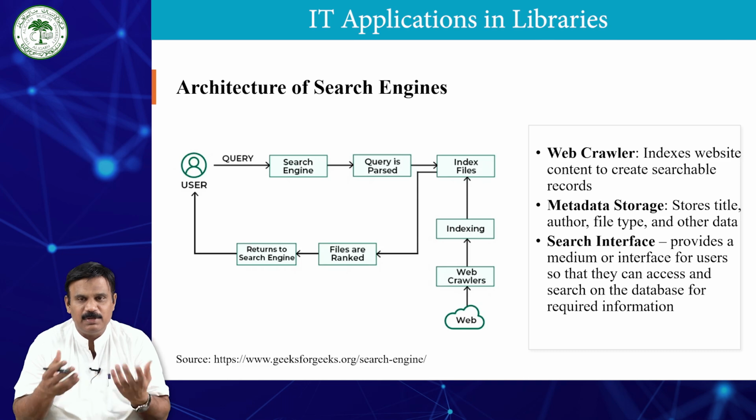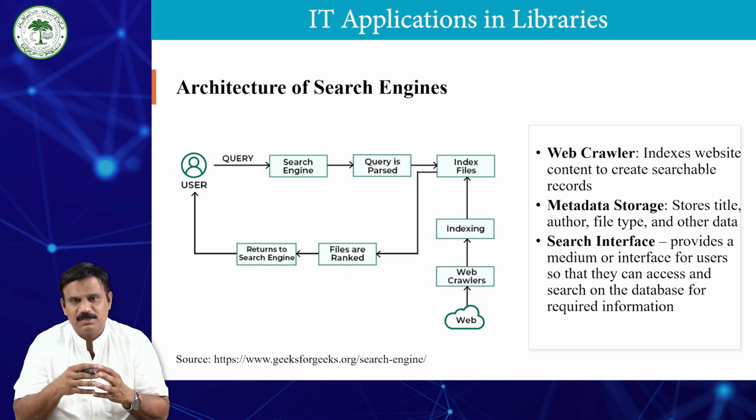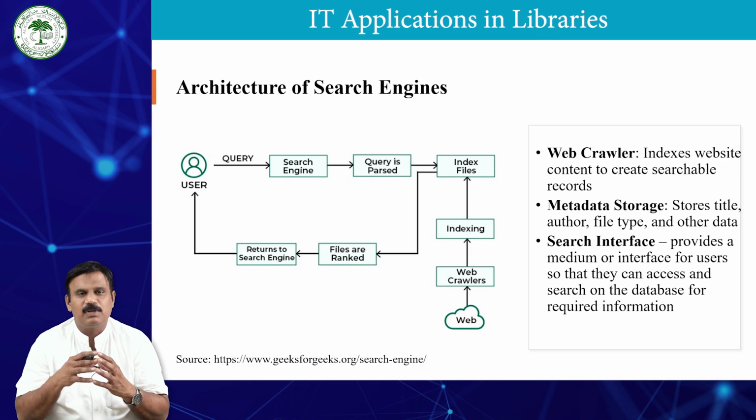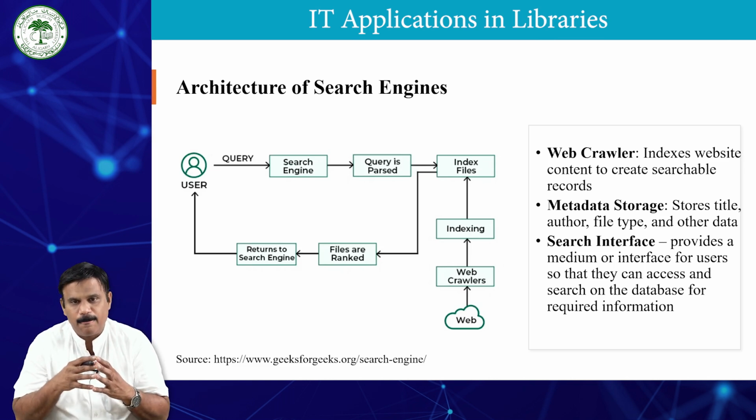The metadata information is extracted from the meta tag of the web page, file name, file extension, etc. The collected metadata is stored in the repository of each engine, which is a database in the form of an index. This is what you are calling metadata storage.